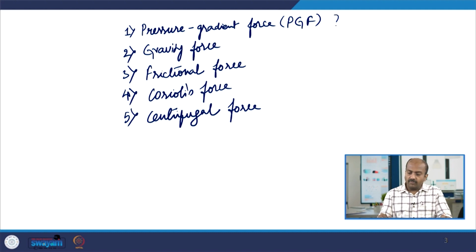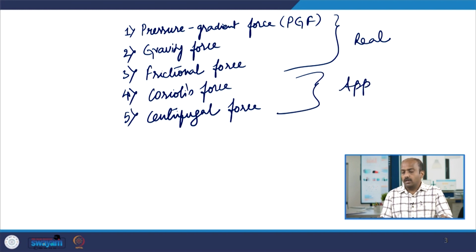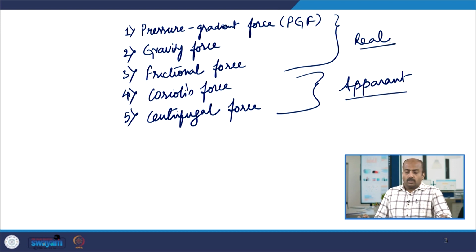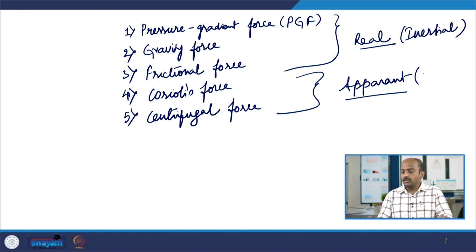So, these three forces are real and these two forces are apparent, right. So, these three forces can also be called the inertial forces, and these two forces are non-inertial forces, as simple as that, right.